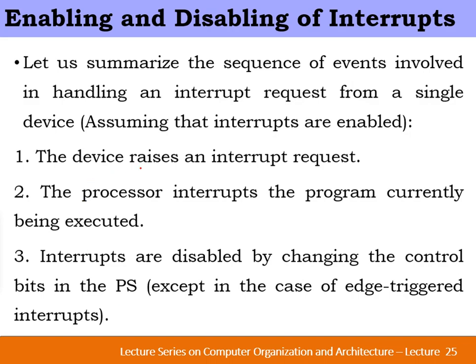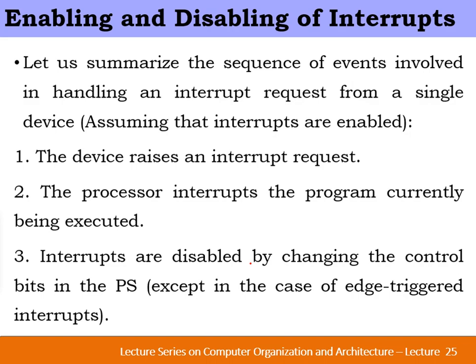Automatically, whenever an IO device becomes ready, it raises the interrupt request. That request is recognized by the processor, which interrupts the currently running program, that is, stops its execution, and disabling of interrupts needs to take place.